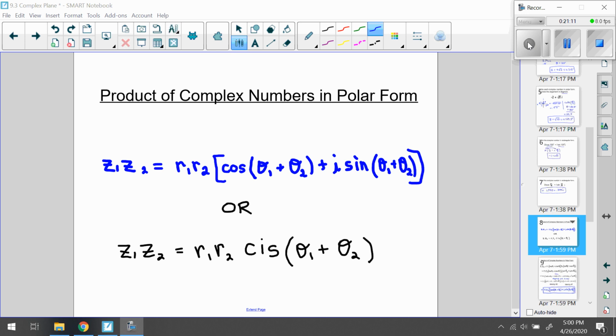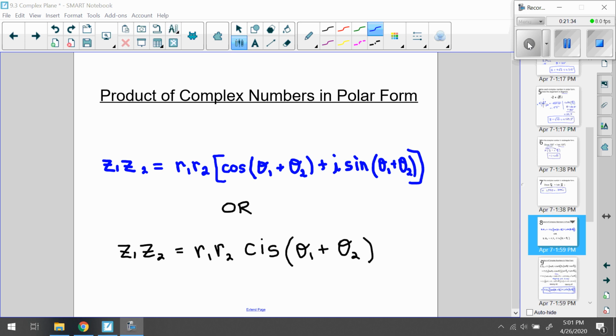The formula is, again, we're just using lowercase z to be our complex number in polar form. So we're multiplying z1 times z2. The formula reads that it's r1 times r2 times the quantity, the cosine of the sum of the two angles plus i sine the sum of the two angles.